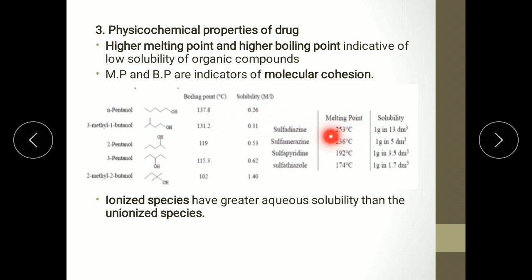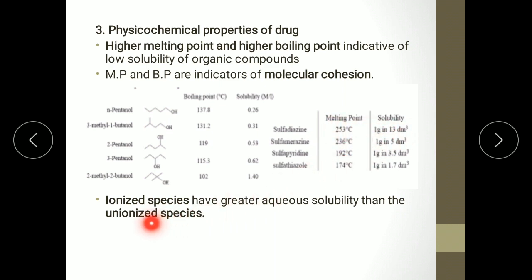A similar case: sulfadiazine has a melting point of 253, with solubility 1 gram in 13 liters, whereas sulfathiazole at 174 degrees Celsius is 1 gram in 1.7. So lower the melting point, higher the solubility; higher the melting point, lower the solubility.